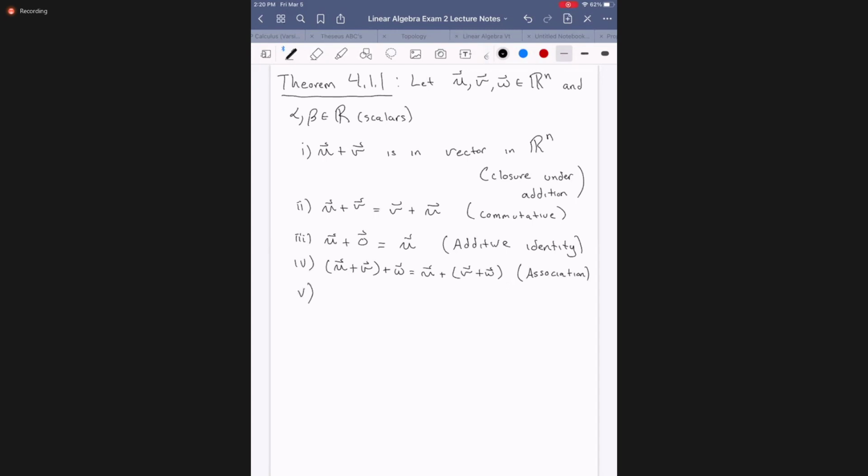Also, every vector or list has something called the additive inverse, meaning U plus its additive inverse, which is just the minus of it, will give me the zero vector. So this thing is called the additive inverse.